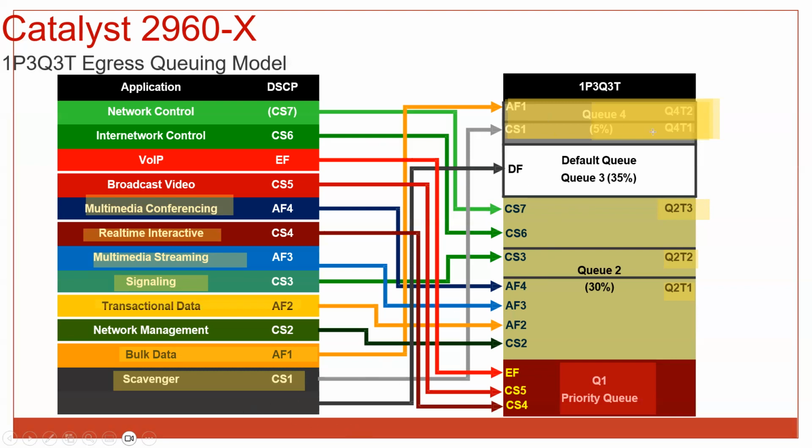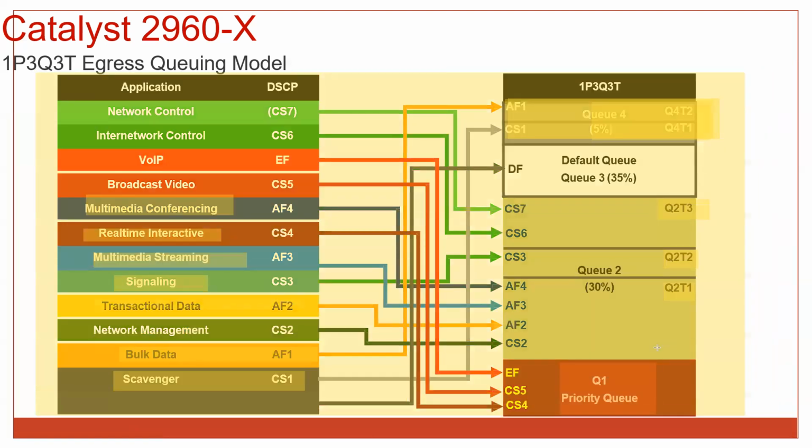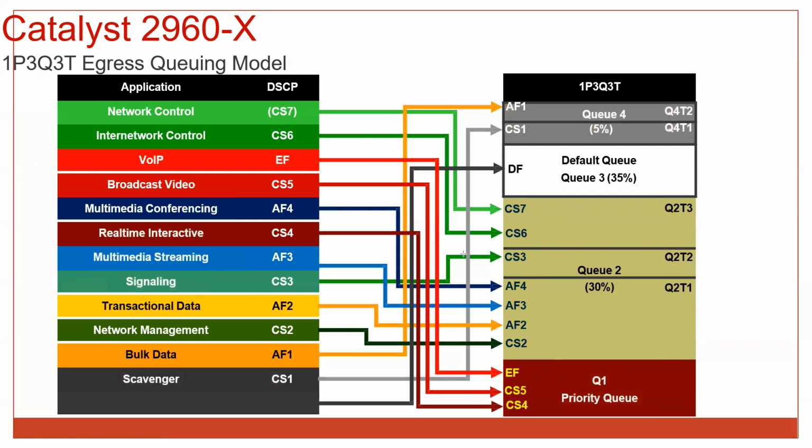Actually, Q3 and Q4 are there for scavenger data. Now, this is not the exact way that we must configure. This is just the Cisco reference. Cisco is telling us to classify and do your QoS configuration like this. Okay? Do you have any doubt in this?